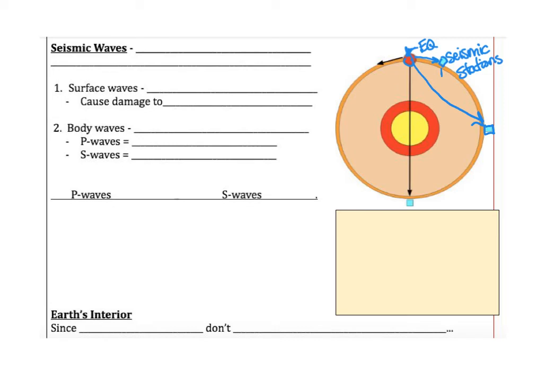Be aware too, this seismic station that's closest to the earthquake could also get P and S waves, and it's probably going to get them faster than the station all the way over here, okay? And so we want to make sure that we address this in our notes. In this yellow box that I have underneath the diagram, you have some blank space.